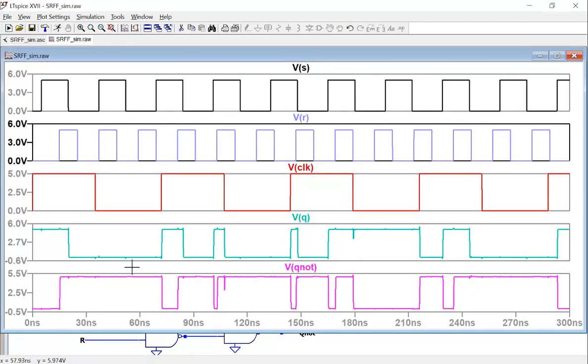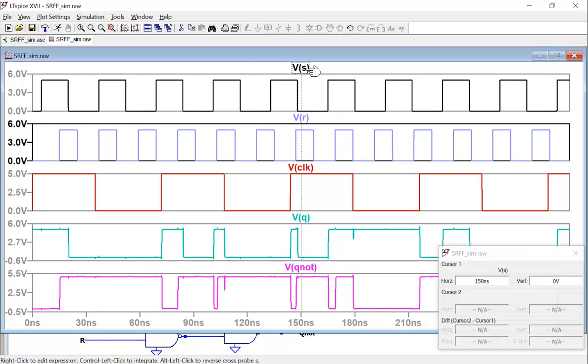Okay. Is it working as we expected? So starting with S.